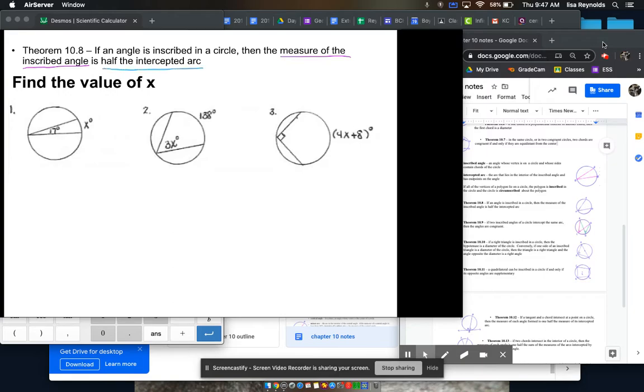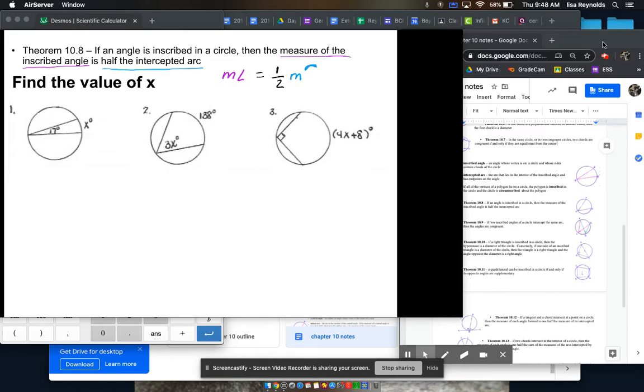So in this particular set of problems, the measure of the angle is going to equal half the measure of the arc. So pay attention to which piece is which measurement, and then it's just substitute into the equation and solve.